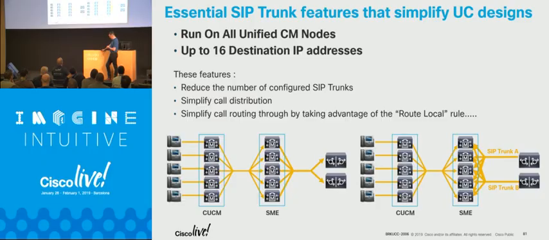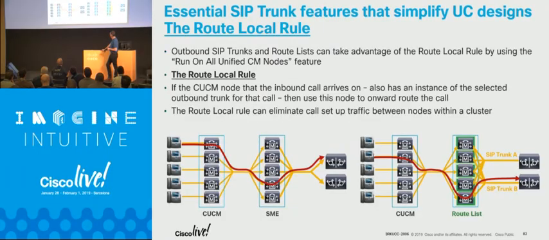By doing that, and in particular by running the route local rule, you take advantage of what's called the route local rule. The route local rule basically eliminates call setups between nodes in the cluster here. The way that rule works, it says, I've got this phone registered to this top call manager cluster. I'm going to make an outbound call to SME over this trunk. It just asks, is there an instance of my selected outbound trunk on the same node that the inbound call arrived on?